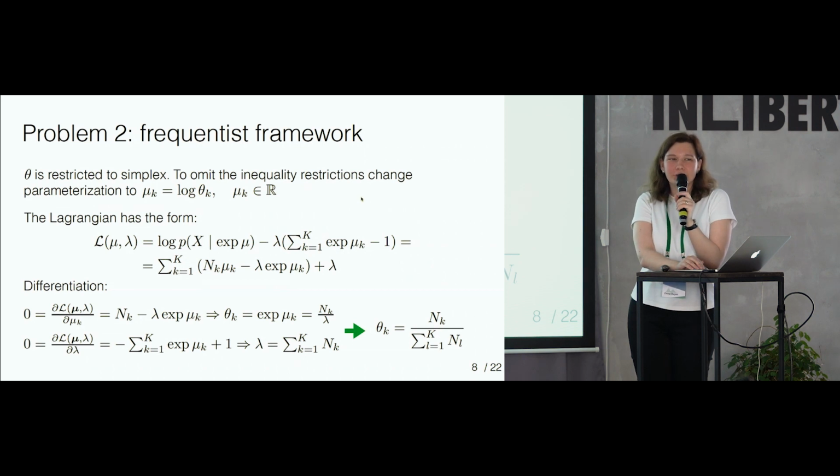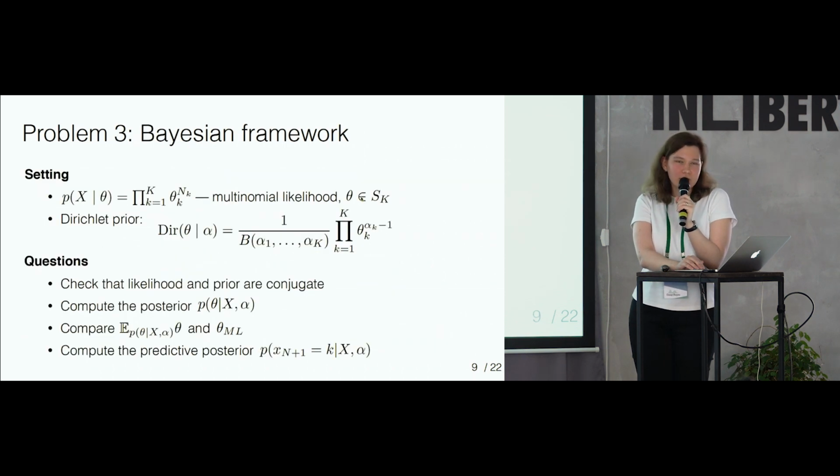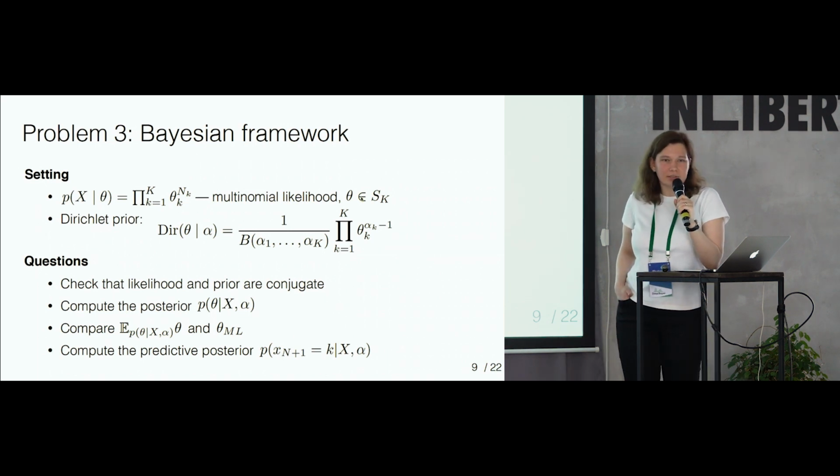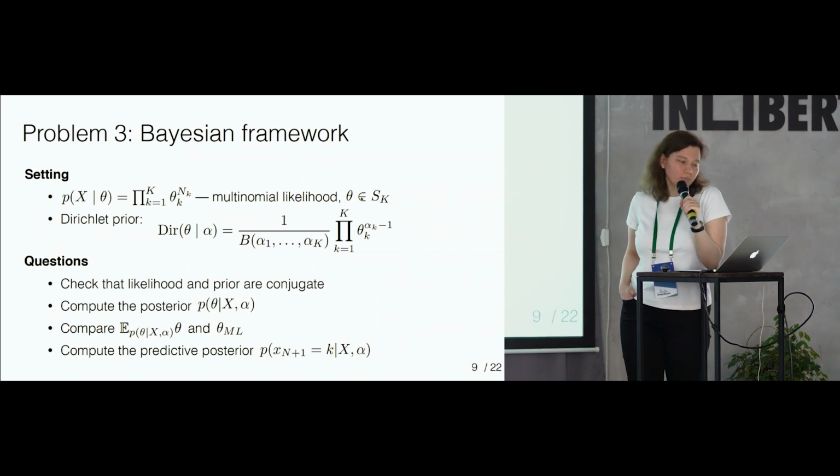Okay, let's go to the Bayesian framework. In the Bayesian framework, we need some prior for theta. And a good prior for theta is the Dirichlet prior because it is conjugate to our multinomial likelihood. Conjugacy is good because we may use full Bayesian inference and have analytical formulas and not worry about integrals in the denominator.